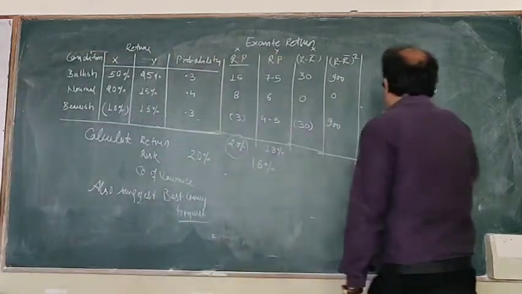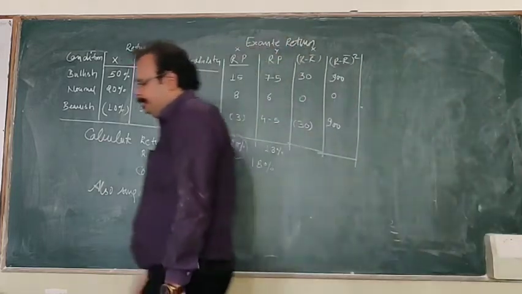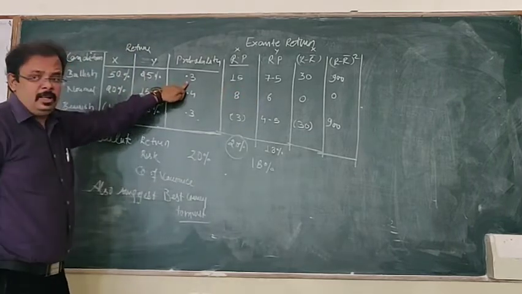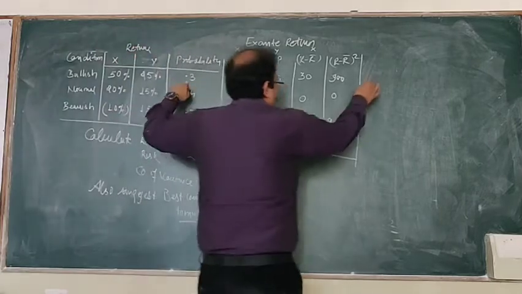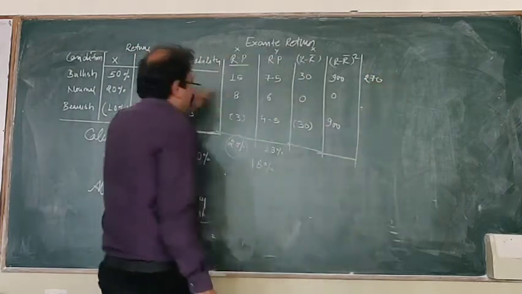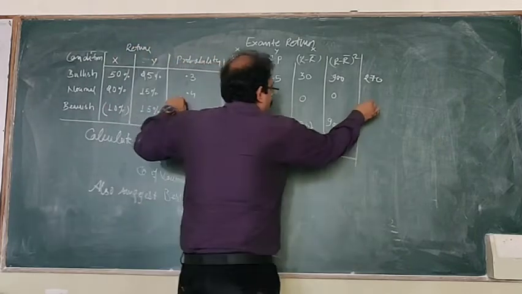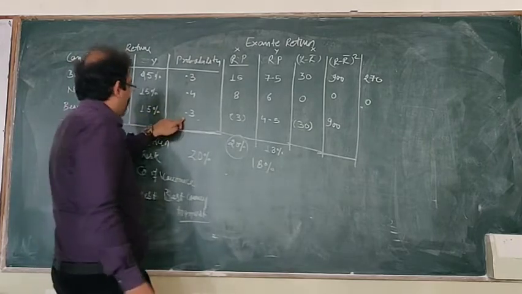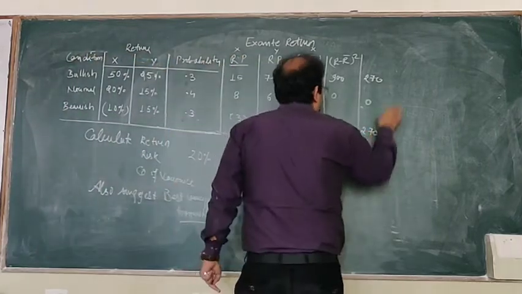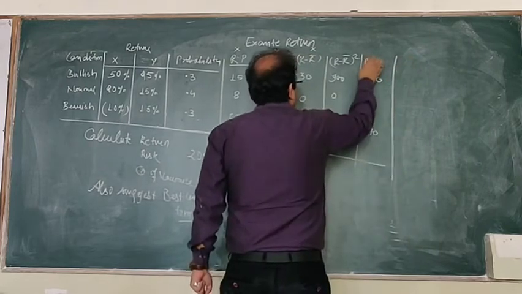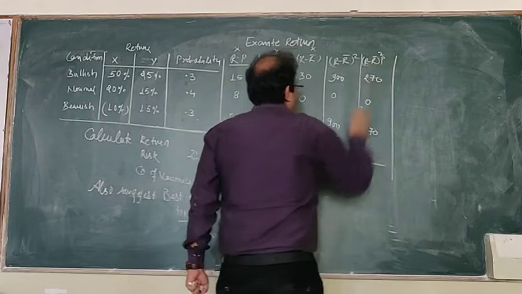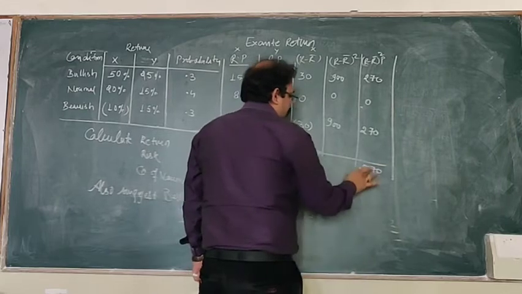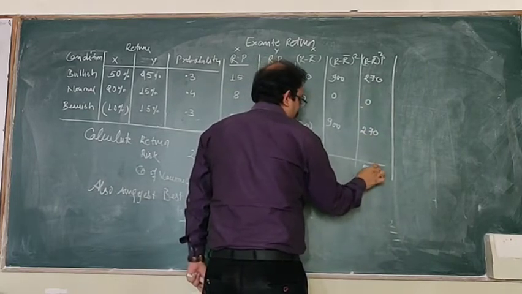900 into 0.3 is 270. 0 into 0.4 is 0. 900 into 0.3 again is 270. This is R minus R bar whole square into P. Sum of all is 270 plus 270, which is 540.